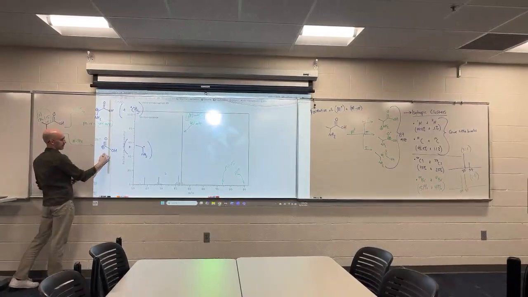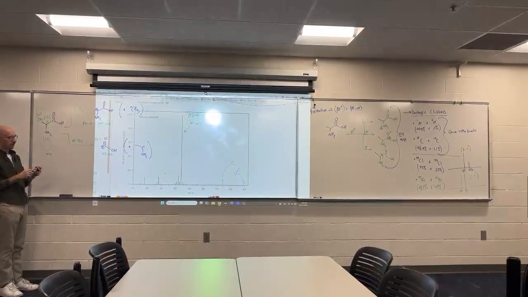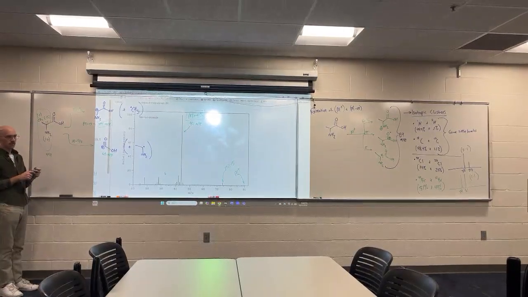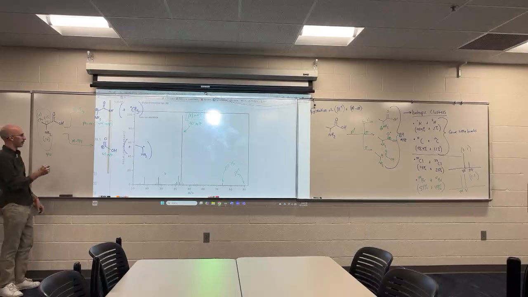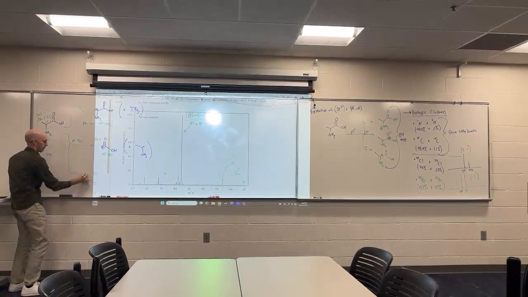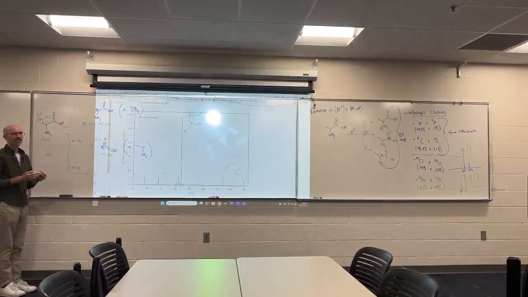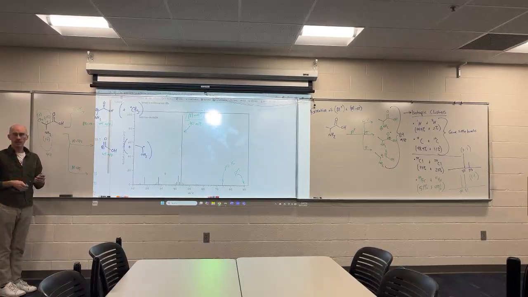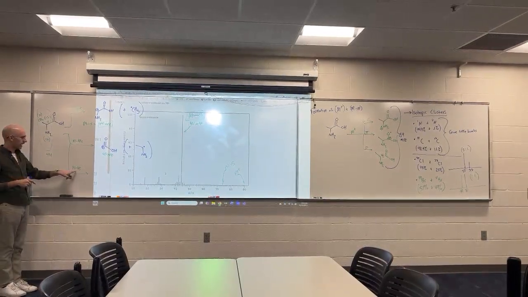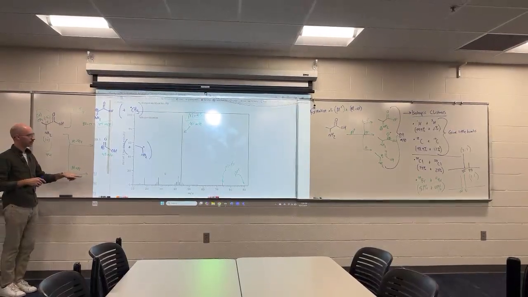This has a mass of 45. All right, well, now that we're here, let's show the M minus 45 signal. Let's show the structure that gives the M minus 45 signal.